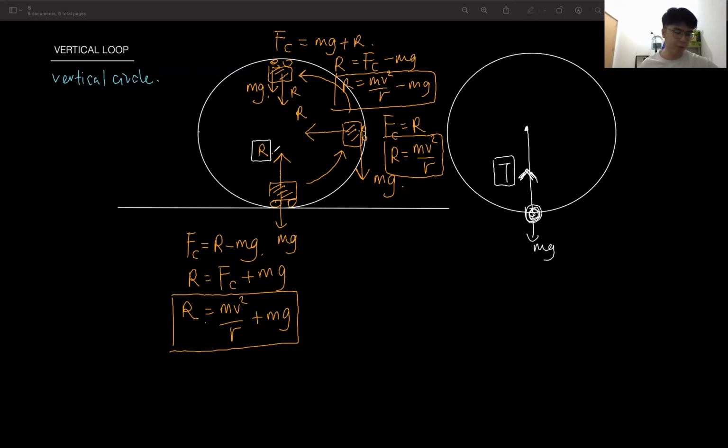Right? So for the string, same. Tension is the lowest up here. This one is in between, and this one is highest. Right. So these are some key things to take note of for the vertical loop.